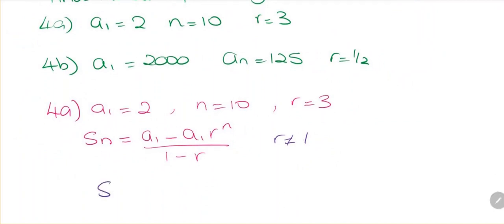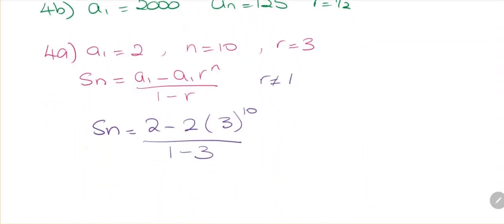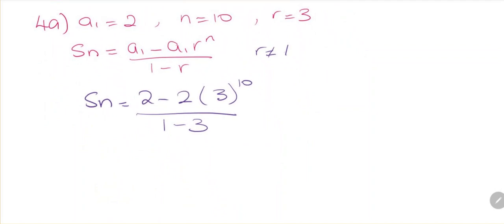So let's substitute in the values we know. The sum of the numbers, A1 is 2, so 2 minus 2. The ratio is 3. And the number of terms we're told is 10, so to the power of 10. And the 1 minus 3 on the denominator. So we're just going to calculate the numerator.